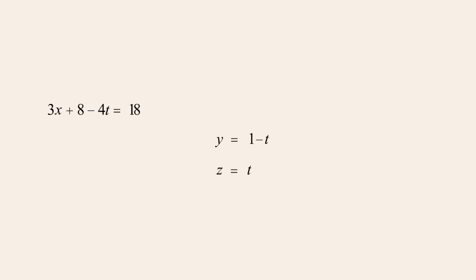Subtracting 8 from both sides, we get 3x minus 4t equals 10. And adding 4t to both sides, we have 3x equals 10 plus 4t. Or dividing both sides by 3, x equals 10/3 plus 4/3 t.